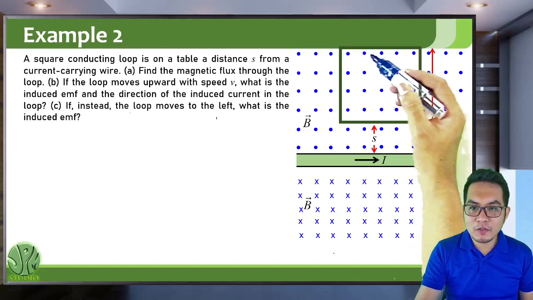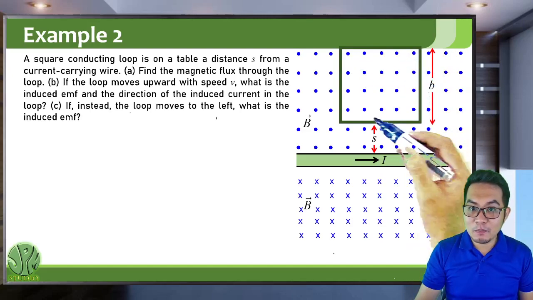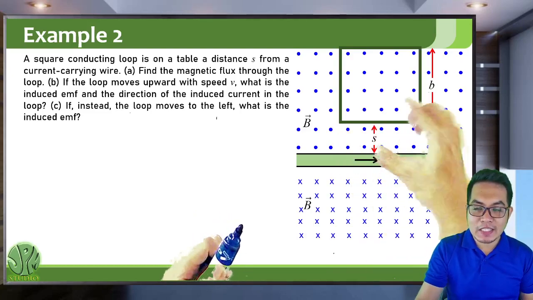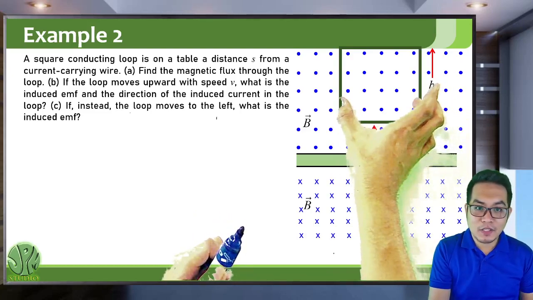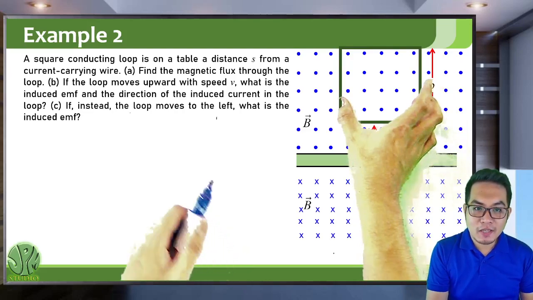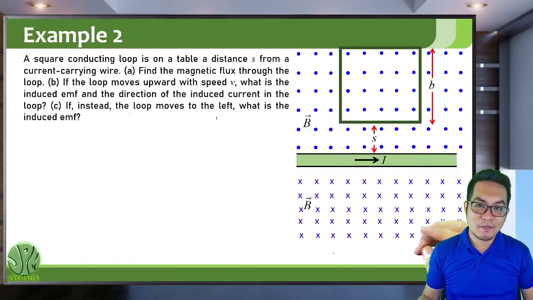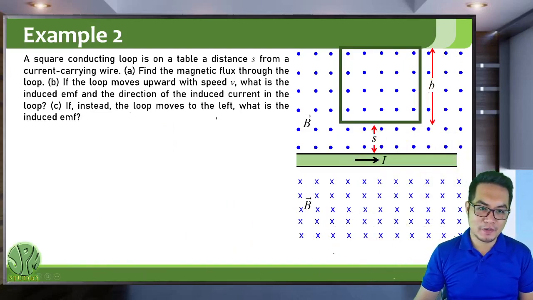The magnetic field also inside the loop doesn't change because you're just in the same perpendicular distance s. So there's no change in flux, meaning for letter C, there is no induced EMF.